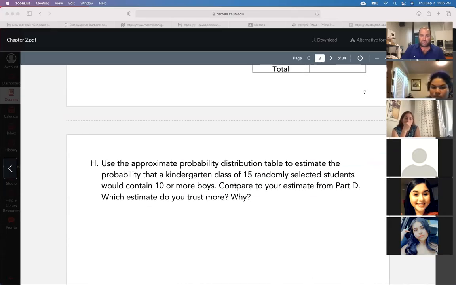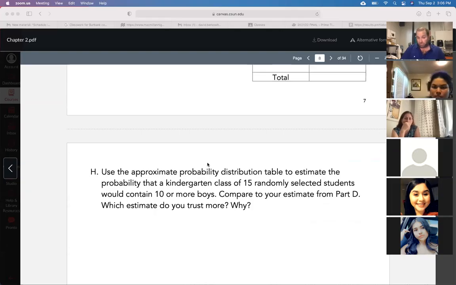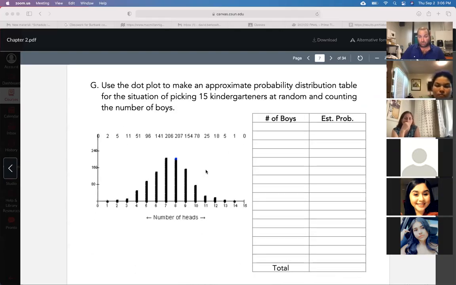So, back to the original question, what's the likelihood that a kindergarten class would contain 10 or even more boys? 10 or more. 10, 78, 88, 98, 103, 121, 126, 127. 127 over 1,000 would be the likelihood of getting 10 or more boys, approximately, which is what, 12.7%, correct?